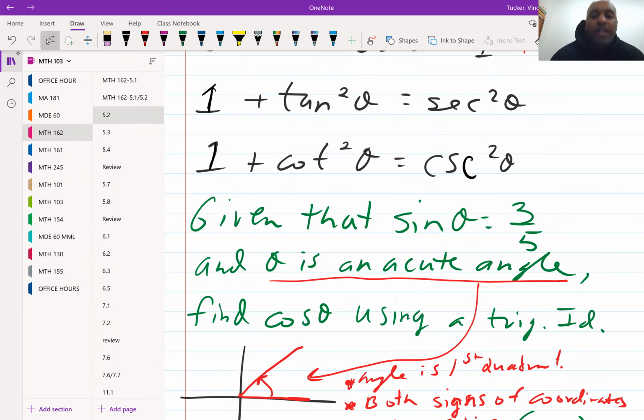So here, given that sine theta is 3/5, and theta is an acute angle, find cosine theta using a trig identity.